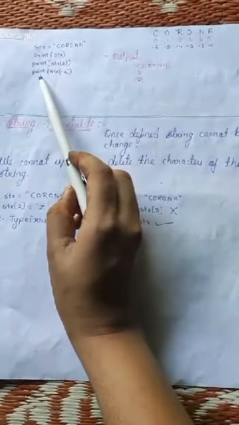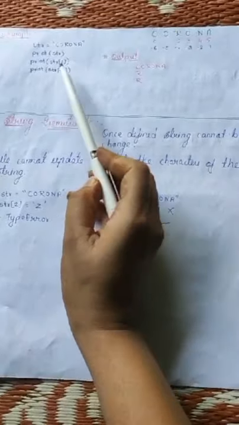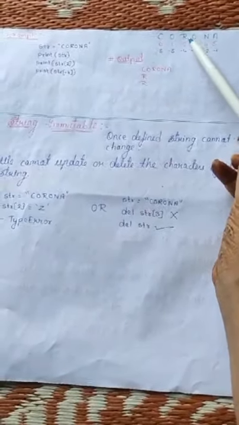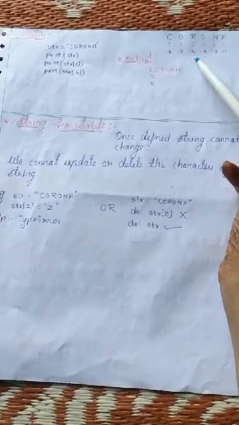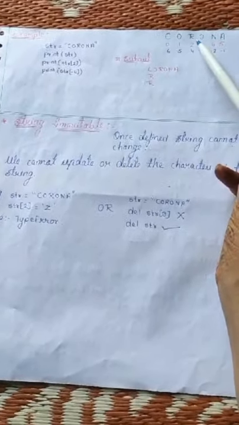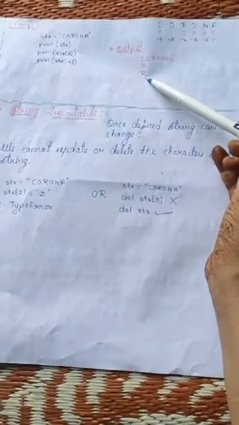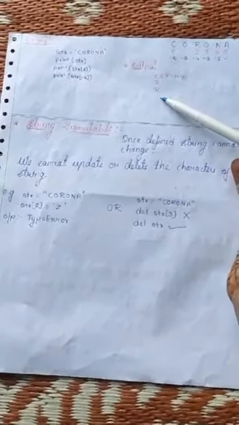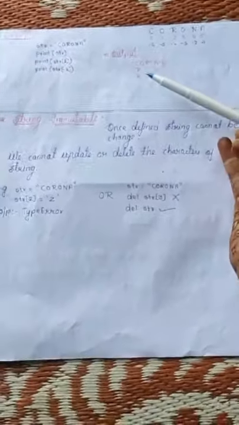Likewise, if I give print str of -4, as you can see here -4 is also for the character r, it should give me the output r. So here also it gives me the output r. You may execute this and check it out. So this is how in two ways we can give index to the strings.